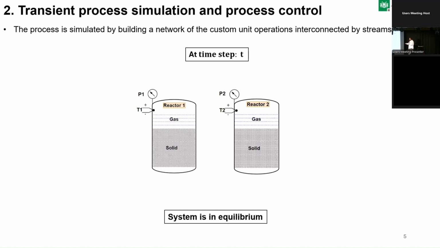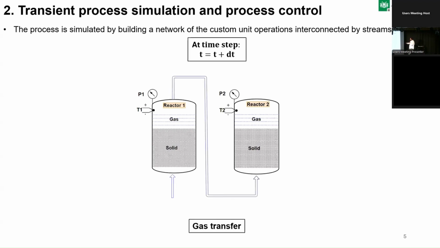So we assume the system is in equilibrium. At the next time step, we introduce our streams. Here it is written gas transfer because for the redox reactor unit operation, we assume we have only gas transfer. That is why I said gas transfer. But actually, this step is the mass and energy transport.